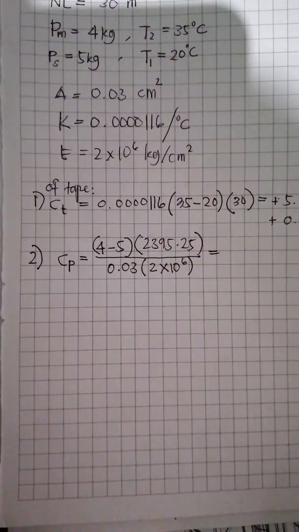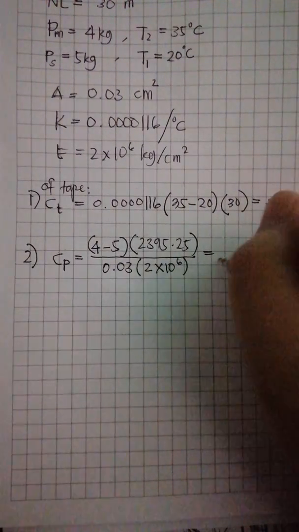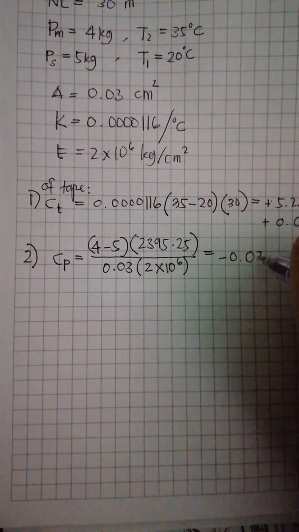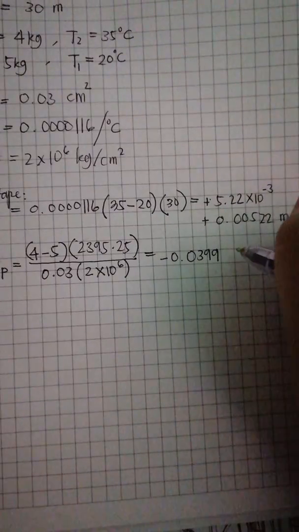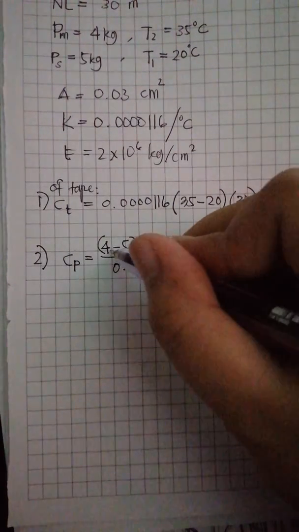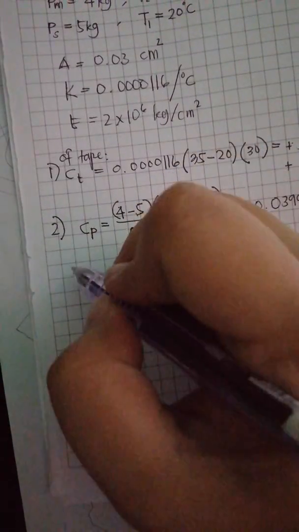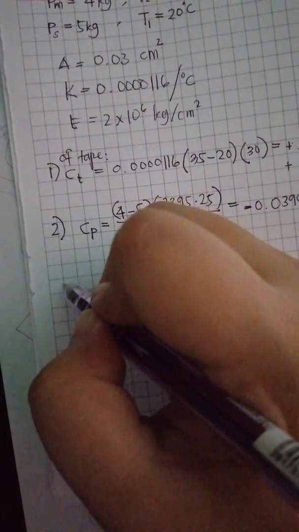So, we have 2395.25 over 0.03 times 2 times 10 raised to 6. So this is negative 0.0399. This is in meters. So negative because 4 minus 5. So nagkataon na ang PM is less than PS. That's why negative. Okay. So that's the error due to pull.